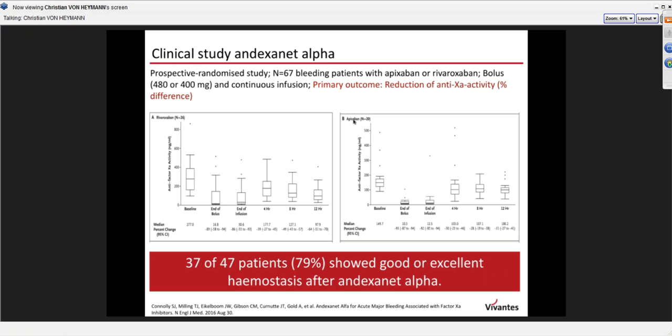So I would suggest if you do not have the specific antidote available in that hospital, it is better to treat this patient with a higher dose of PCC, and higher would mean 50 units per kg. That was investigated in the animal models as well, rather than doing nothing or giving fresh frozen plasma, which will definitely not be effective.